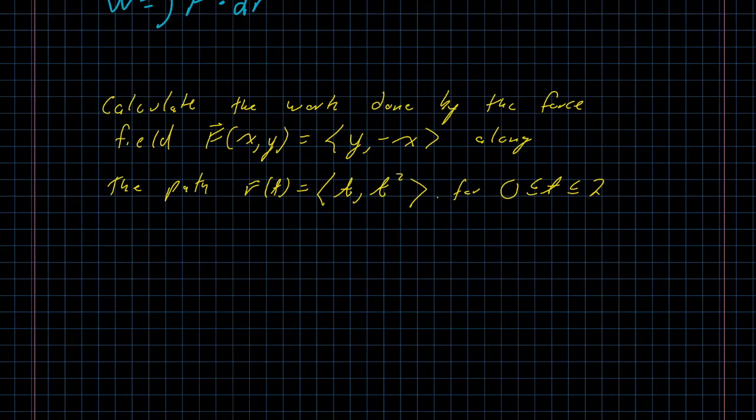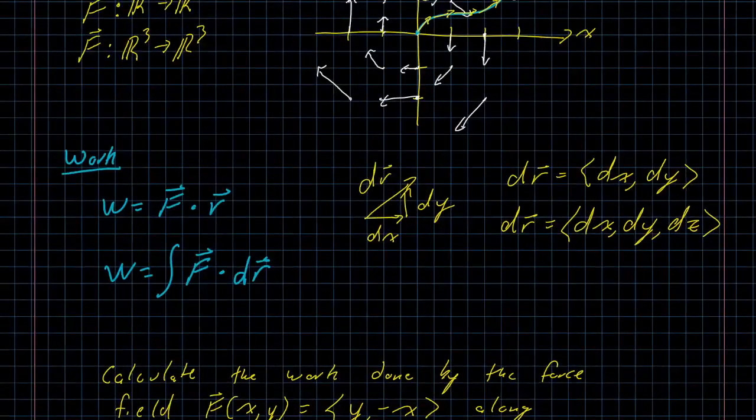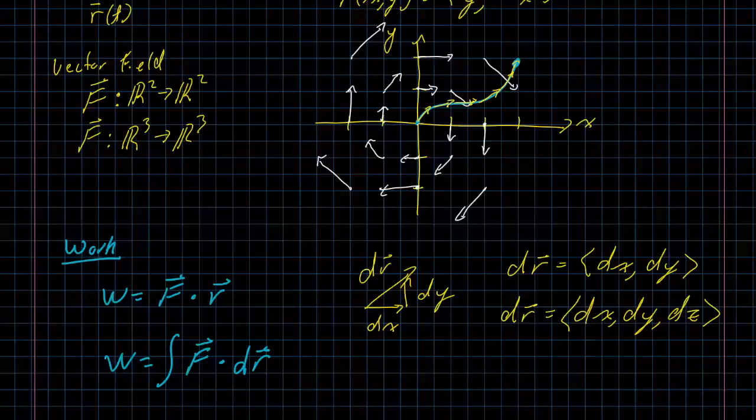Well, that's the force field that I just drew, so we have that picture. I can come up here and talk about it. The path t, t squared is a parabola, so we can draw that and we can have some idea of what's going to happen.